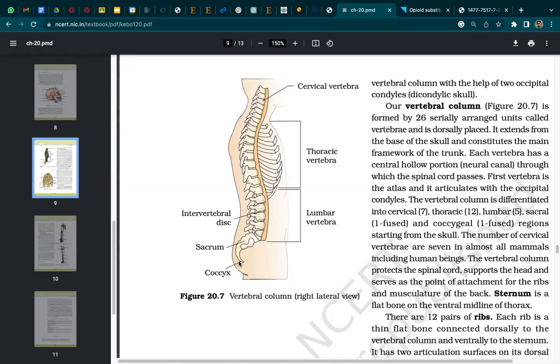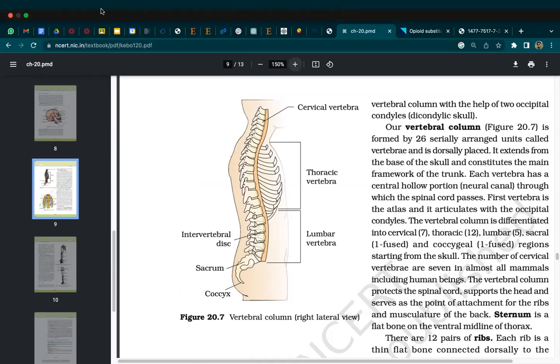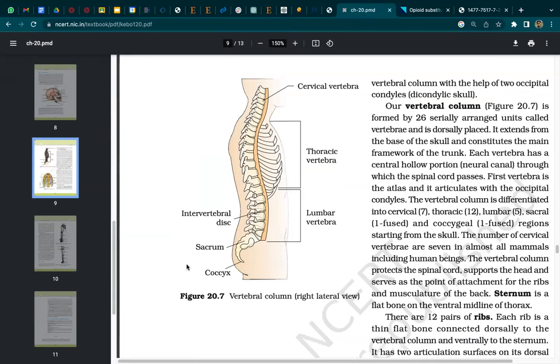This coccygeal bone is called the coccyx, which is the remnant of a tailbone. Okay, is it clear? Give a thumbs up if it's clear. So the coccyx is the remnant of the tailbone in humans.